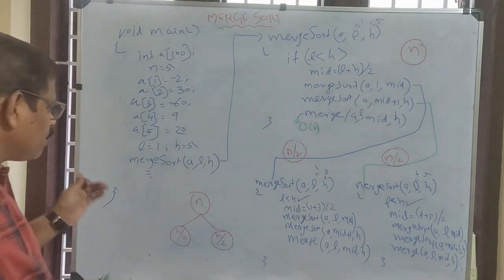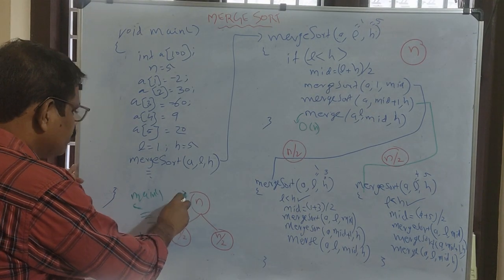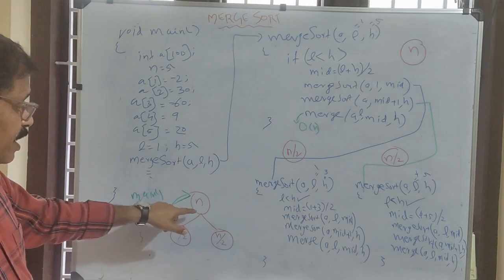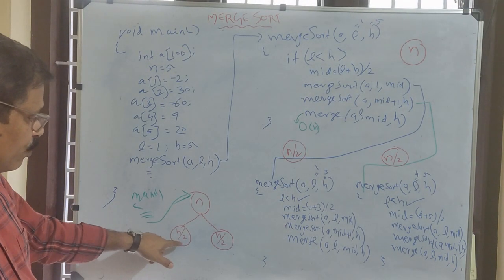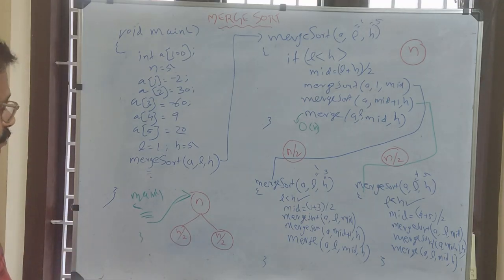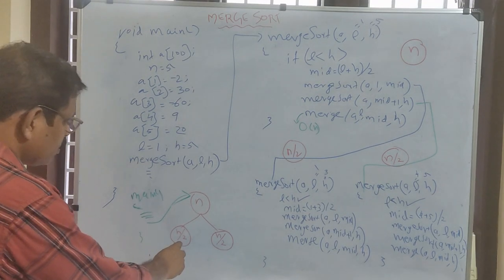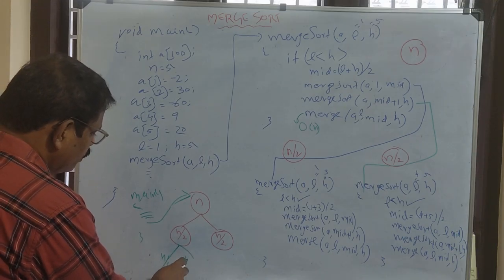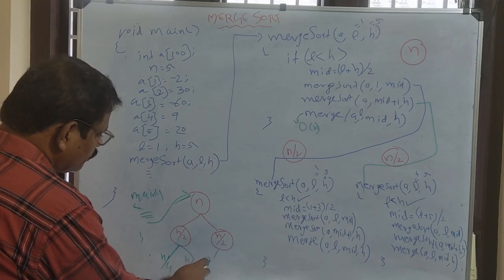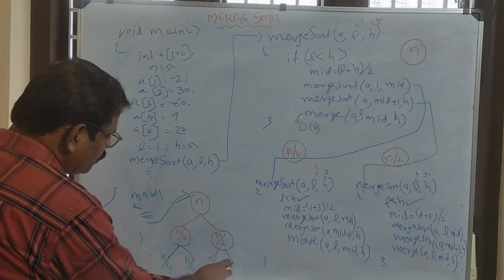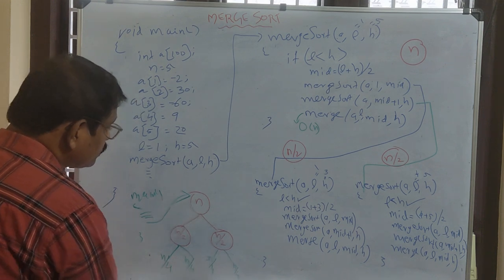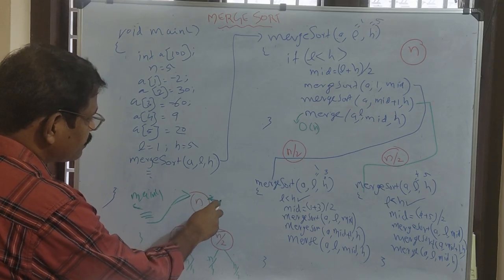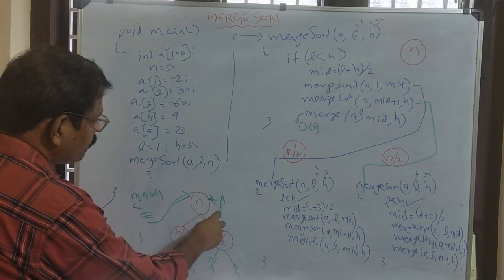The first function called from the main will receive n elements, and this array will be divided into two, n by 2 elements each, and this will proceed again n by 4, this also n by 4, n by 4. So this circle represents a function call.